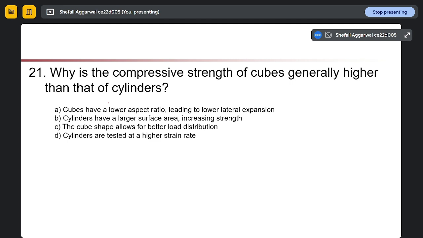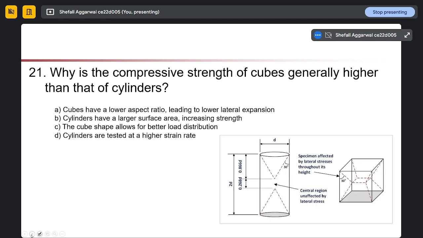This silica reacts with alkalis of the cement paste, causing ASR gel along the aggregate, and this ASR gel will expand itself and will form a crack.